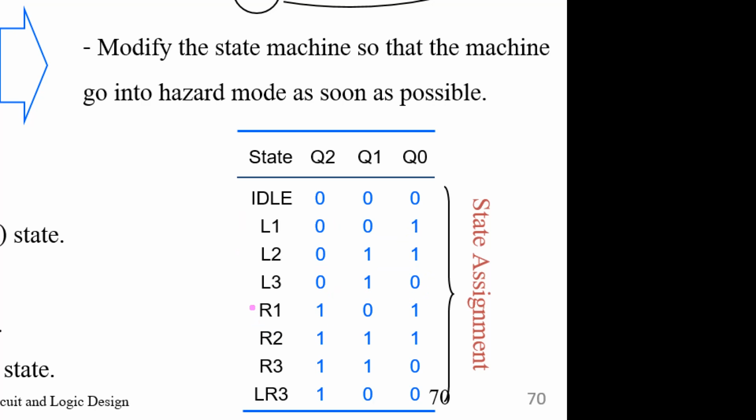And for R1, R2, R3, it's beginning with 1 and gray code order. And the left binary code is 1, 0, 0, so it's used for LR3.